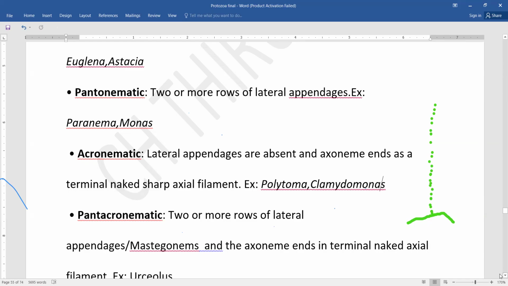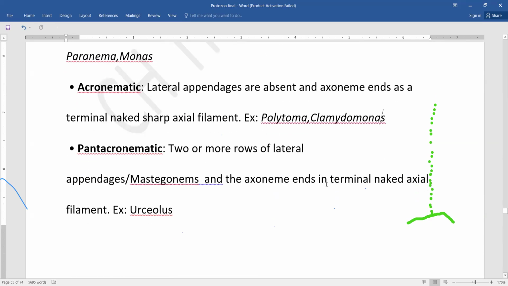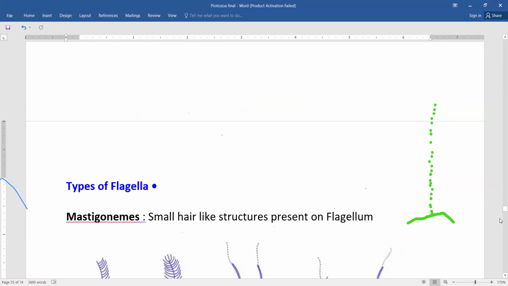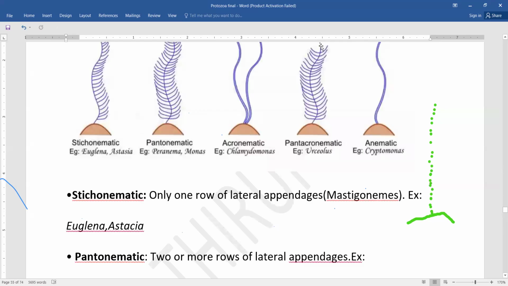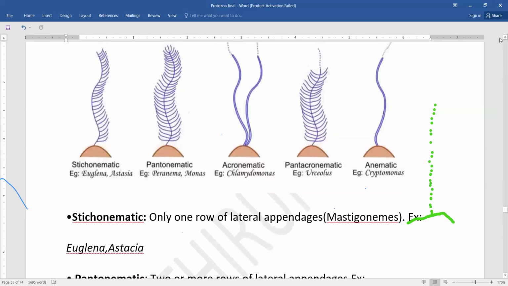And pantacronematic: on both sides, two or more rows of lateral mastigonemes are present, and the axoneme ends in a terminal naked axial filament. The difference from pantonematic is that although mastigonemes are on both sides, the terminal part is naked, without the outer covering.